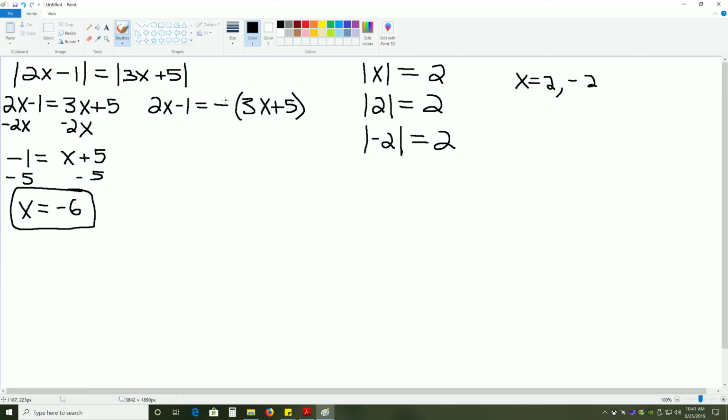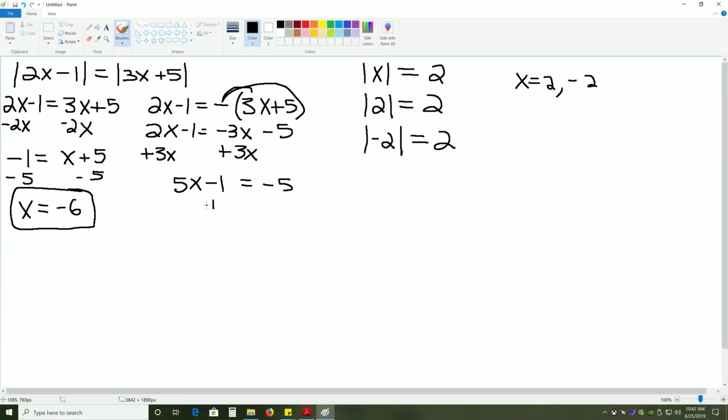We're going to first distribute this negative to each term because they're being added together in the parentheses. So we get 2x minus 1 equals negative 3x minus 5. So from here we can move the smaller x term to the other side, so we're going to add 3x to each side, giving us 5x minus 1 equals negative 5.